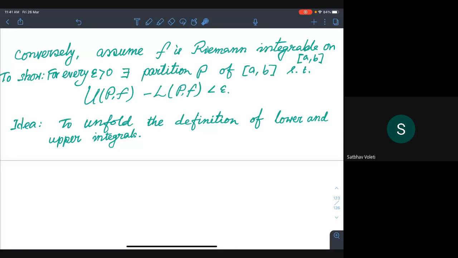So the idea is to unfold the definition of lower and upper integrals. What that actually means is unfolding the definition of supremum and infimum. All right.